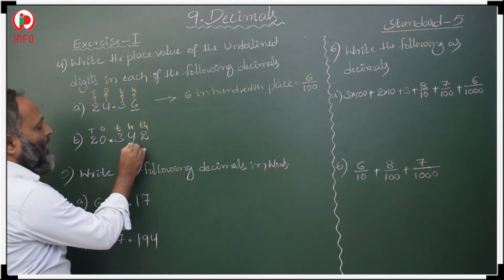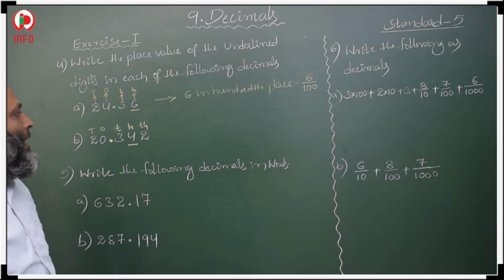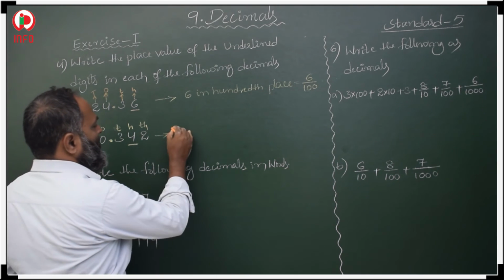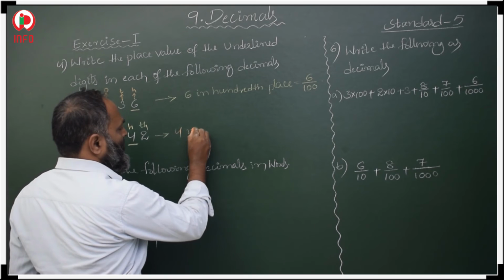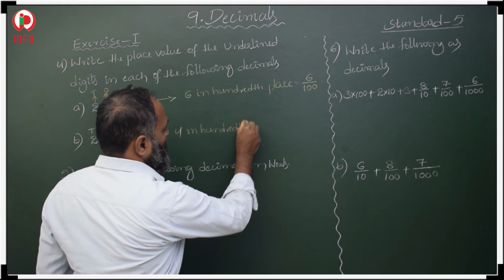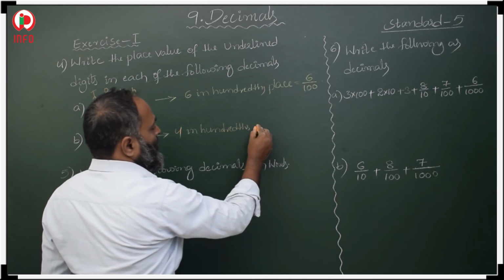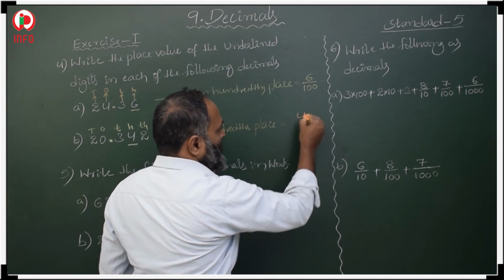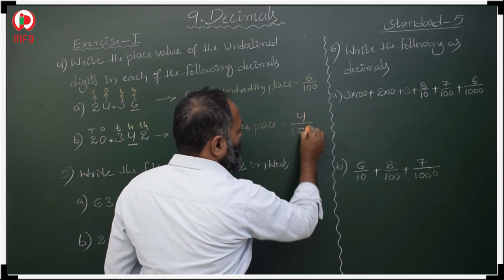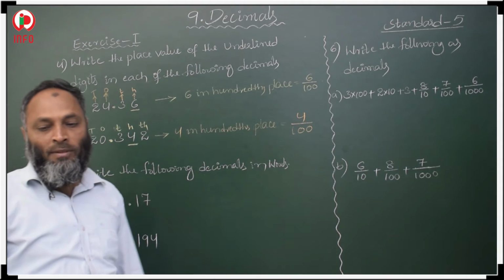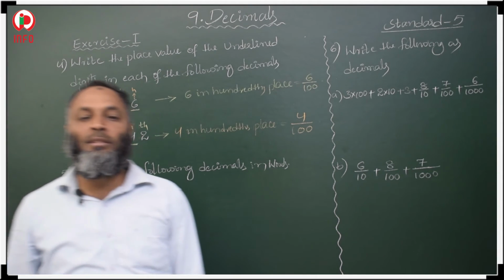Here the underlined digit is 4, 4 in hundredths place, that is 4 by 100. This is the place value. Place value is 4 by 100. Okay, students.